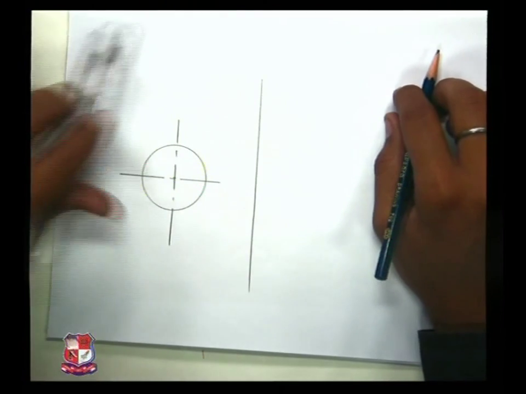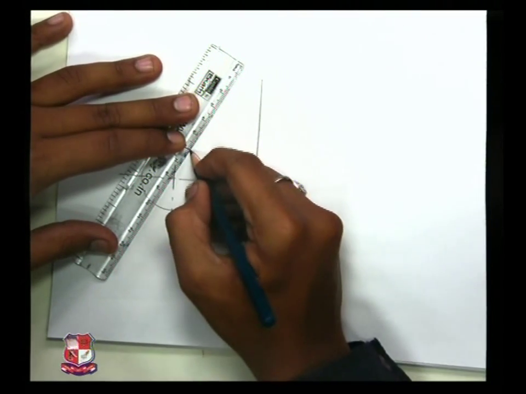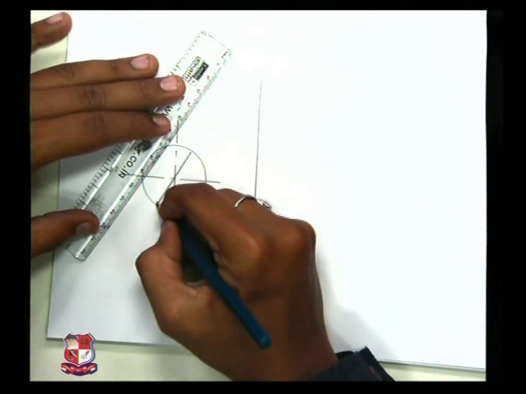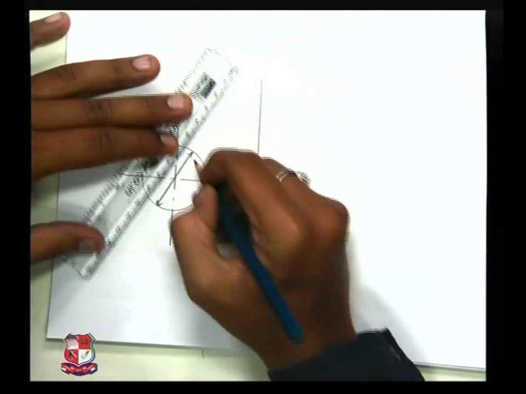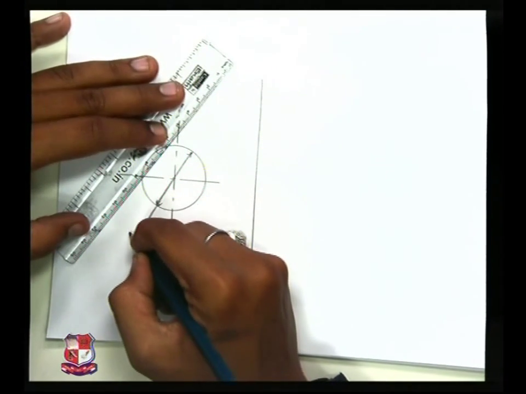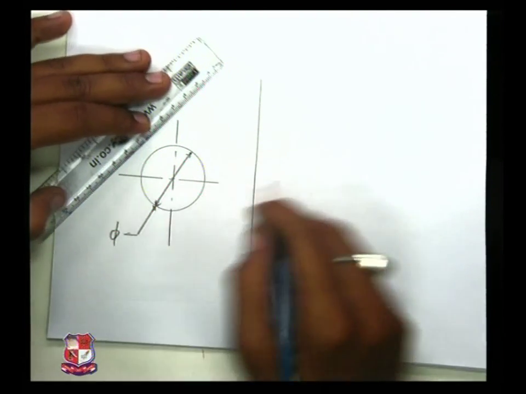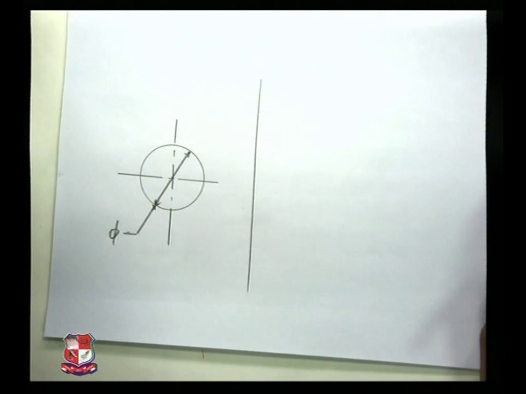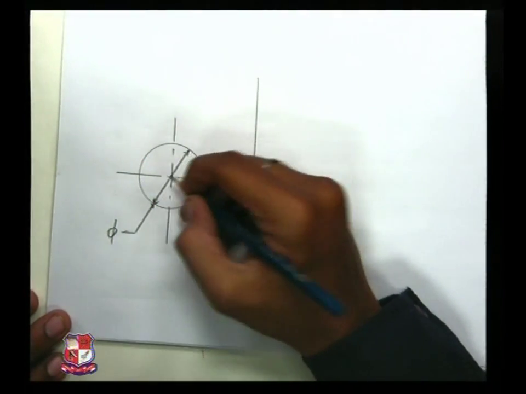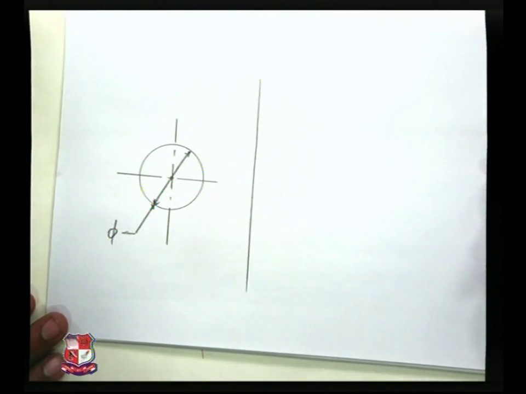Terminology of the circle: it will have some diameter and a center. This is how a circle works.